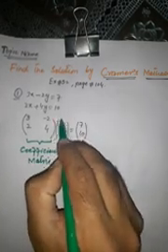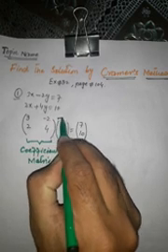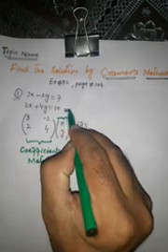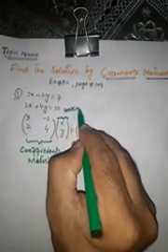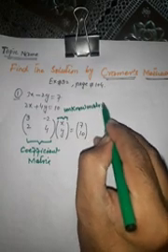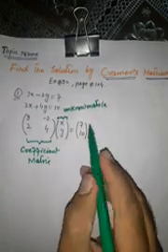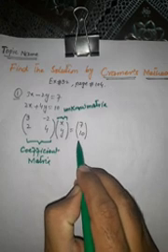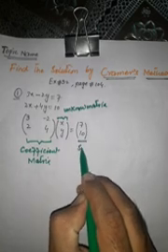This matrix is called the unknown matrix, or the matrix of unknowns. And this matrix contains the solution, so it is called the solution matrix.